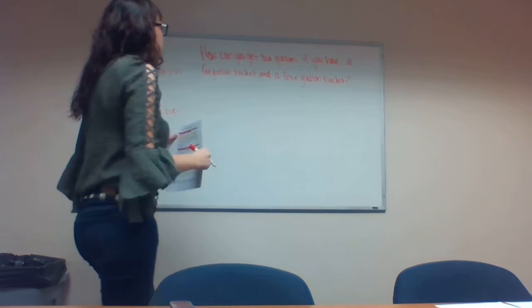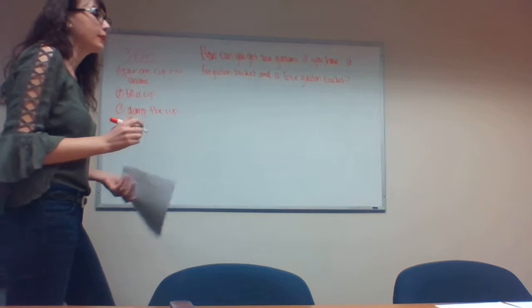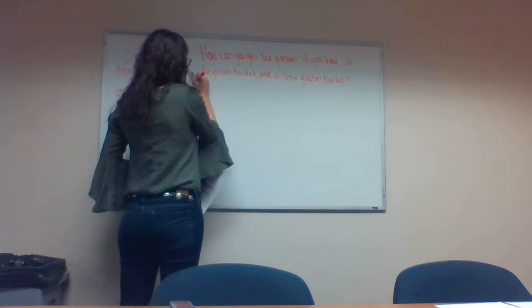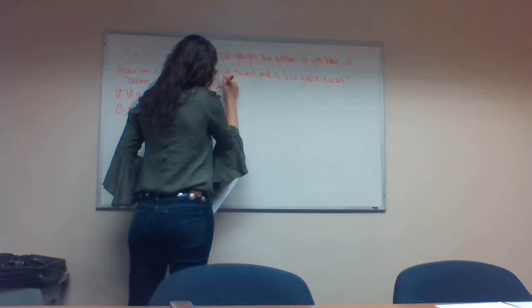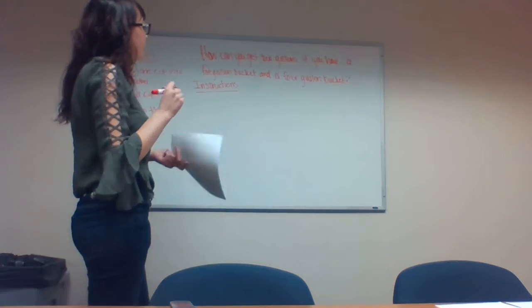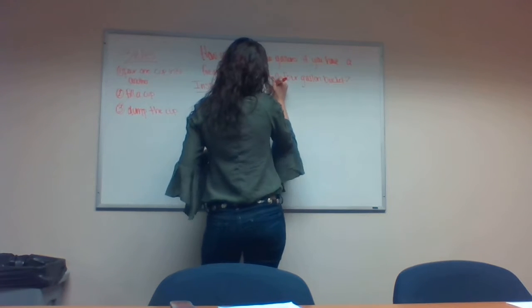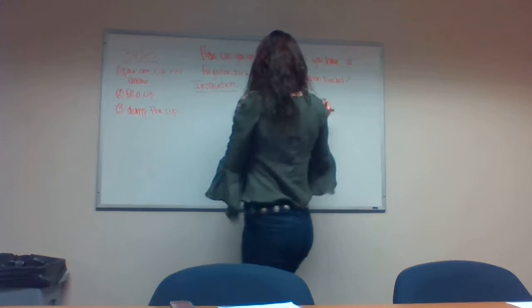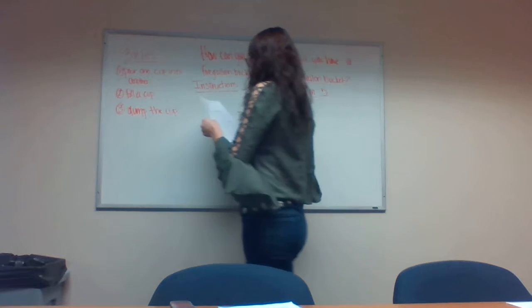Alright, so the question is, how can you get 2 gallons if you have a 5-gallon bucket and a 4-gallon bucket? So the first step in solving it would be to make a table. So we'll do instructions over here, and we are going to put in 4 here and 5 here.